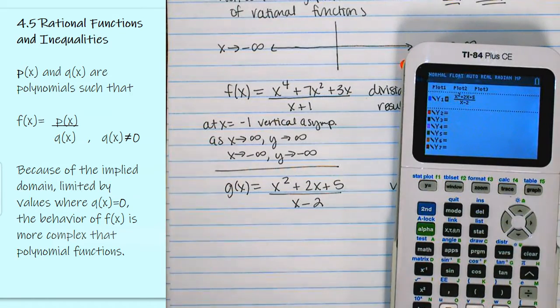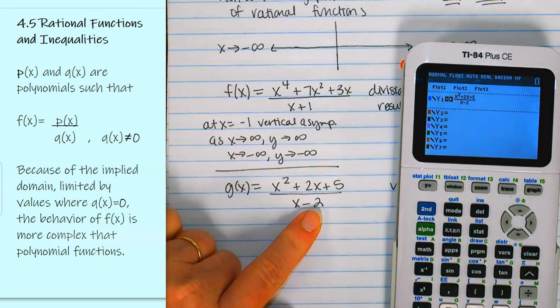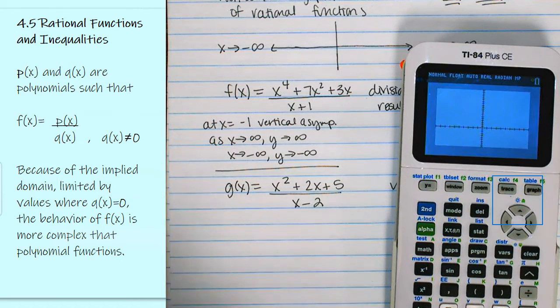So my equation's in my calculator. Let's graph it and see. What I'm thinking is that there should be a vertical asymptote at +2, and I need to see some line that represents the end behavior in the middle. There's the asymptote at +2. There's the top of the asymptote.